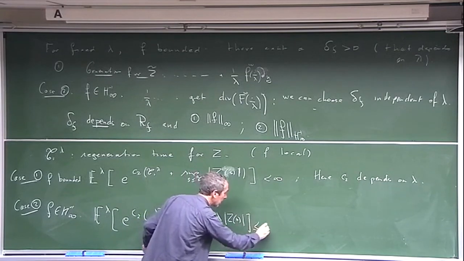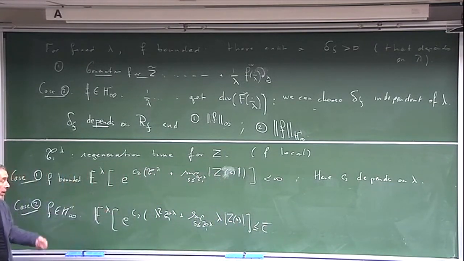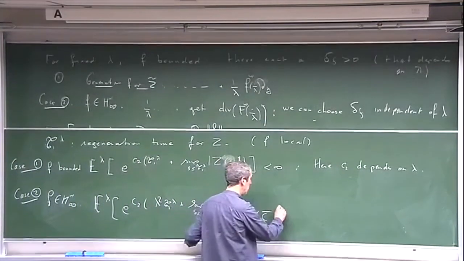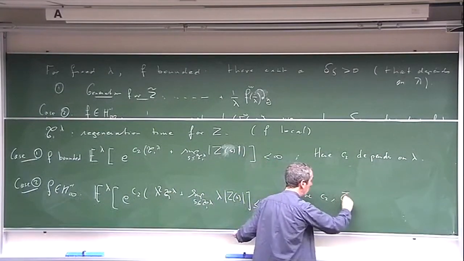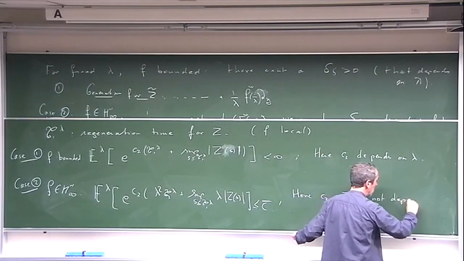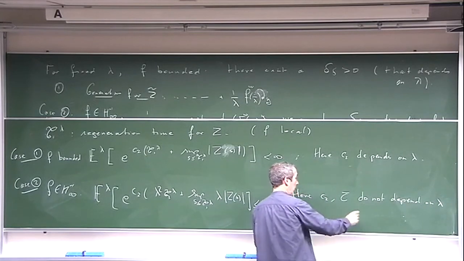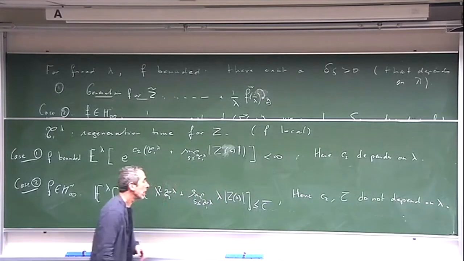So this is bounded by some constant. And here C2 does not depend on lambda, and also C bar does not depend on lambda. So this is true for all small enough lambda.